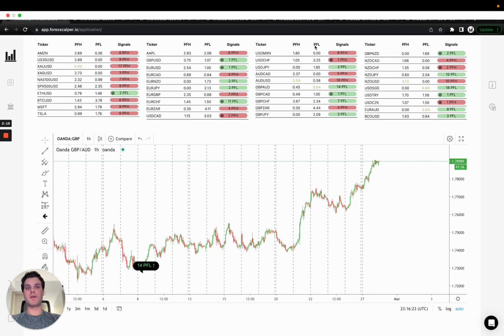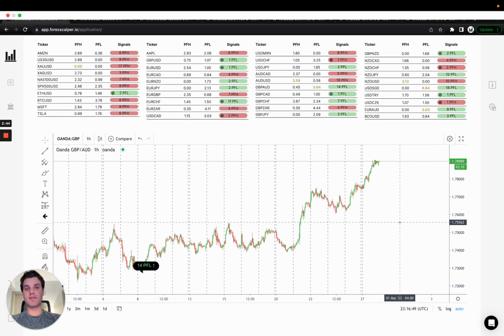So only the same as the current signal, when it goes 3 or above, can it actually start flashing, right? So in this case, it's 3.64, which means that we've gone 3.64 ADR away from the PFL signal, and it just simply means that, hey, keep an eye on this pair.